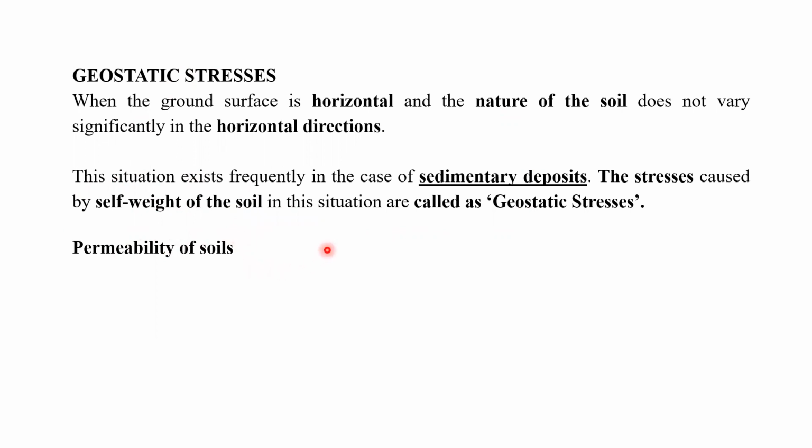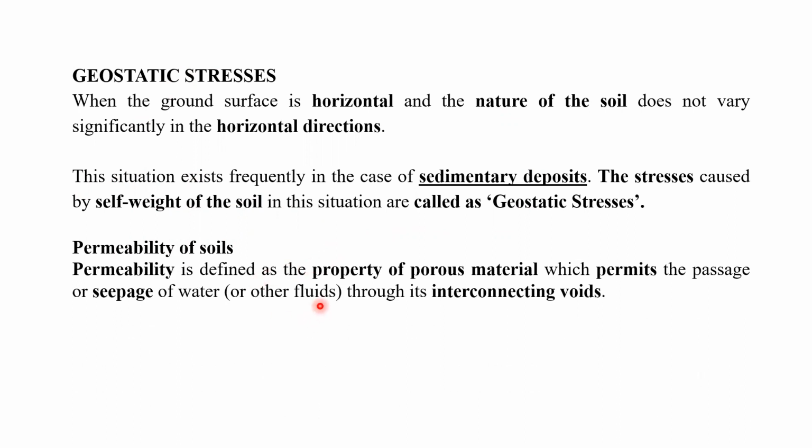Now we are going to talk about the permeability of soil. How can we define permeability? It is the property of a porous material which permits the passage or seepage of water or any other fluids through the interconnecting voids. This is the definition of permeability. A material having continuous voids is permeable, right?